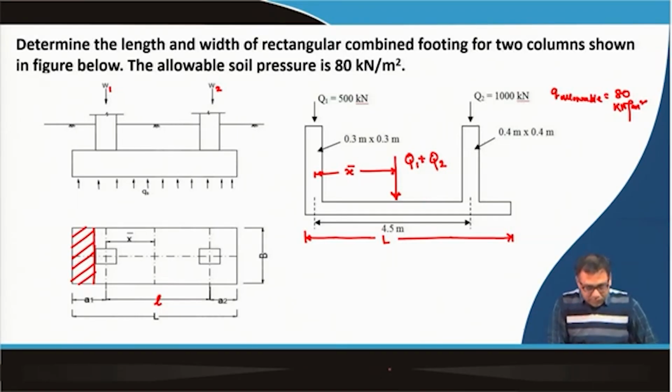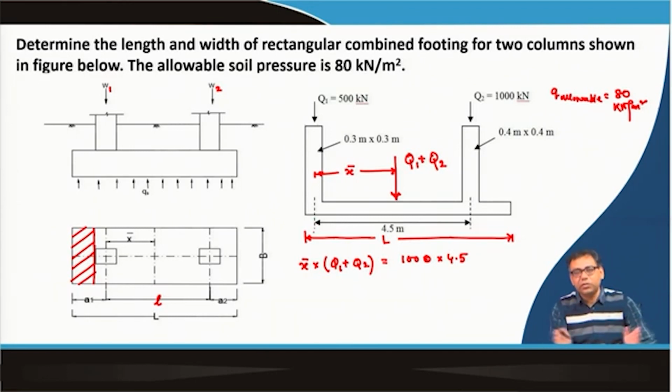Now, if I take the moment, x bar times Q1 plus Q2 will be equal to 1000 times 4.5, because the distance between the two columns is 4.5 meter.